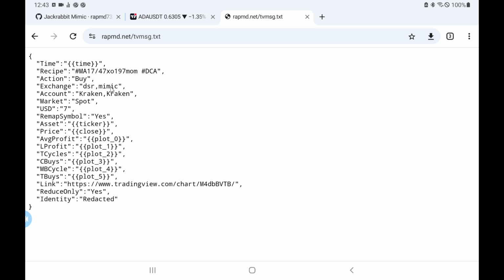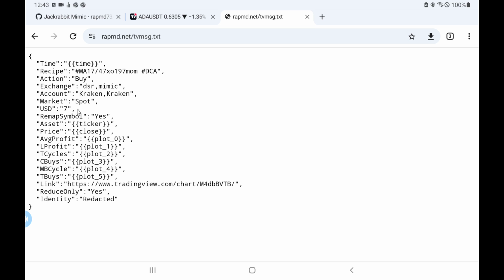Now, for the DSR, it's using the Kraken exchange. I deliberately named it that way to keep it easy. And the Mimic exchange is using the Kraken account. Again, keeping those references lined up 1 for 1, 2 for 2. The market I am trading is spot.